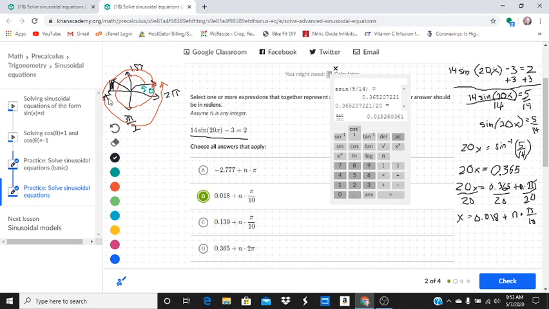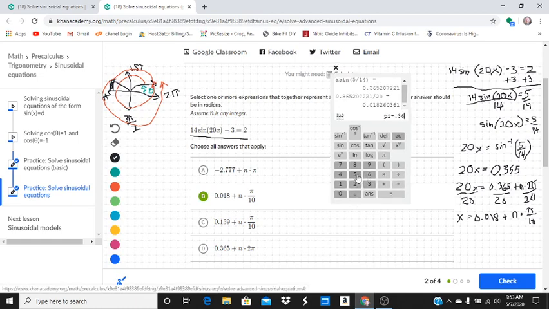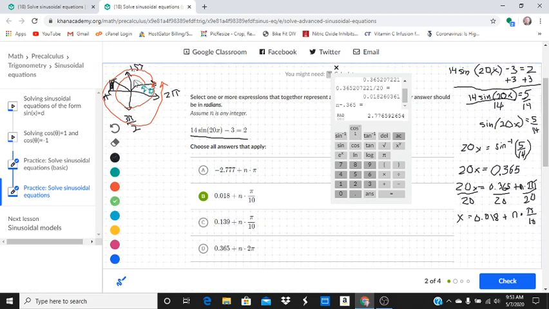But we have pi here, and we subtract back this 0.365. Okay, so if we take pi and we subtract the 0.365, we're going to get this angle here, which gives us the same sine value.